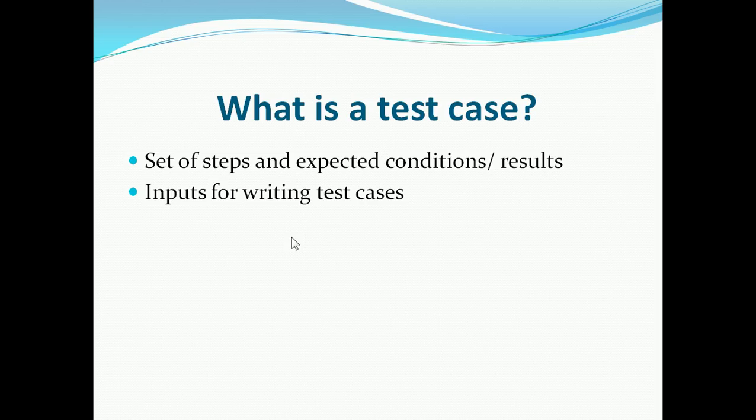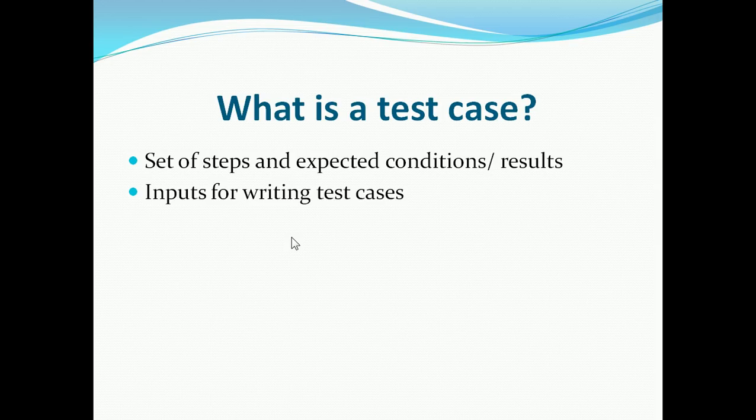The stakeholders are the developers, the project manager or the scrum master, or the client. These are all the people to whom you can talk and get a fair idea of the requirements that the system is supposed to satisfy. So these are the various inputs for writing the test cases.